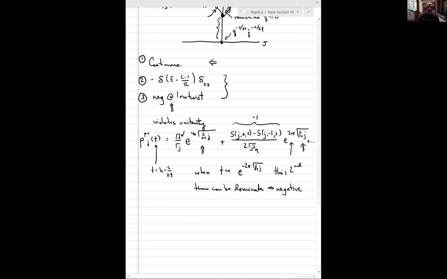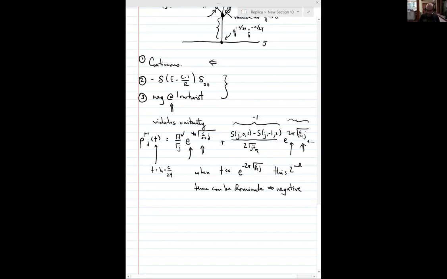But this problem really contains within it the seeds of its own solution. Why? Well, what we found is that there's a negativity that multiplies an exponential term here. And we know how to get such exponential terms. Because remember that this exponential term came from the S transform of the vacuum state.